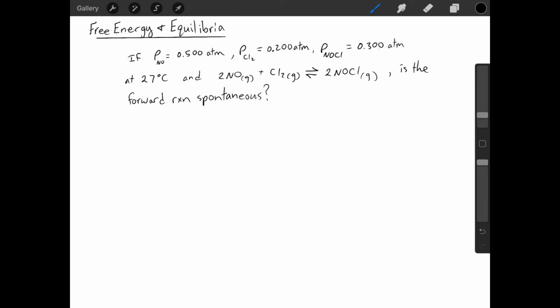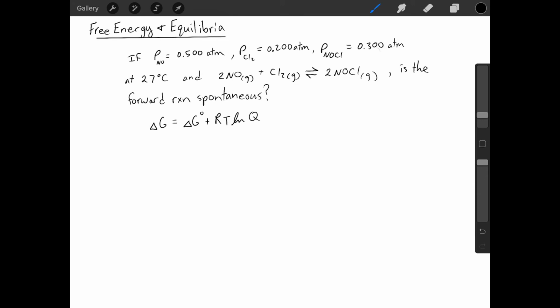So another question that we can do with free energy and equilibria is we can determine, based on reaction conditions, whether or not a reaction is spontaneous under those conditions. So we need to find delta G and determine if it's positive, negative, or 0.